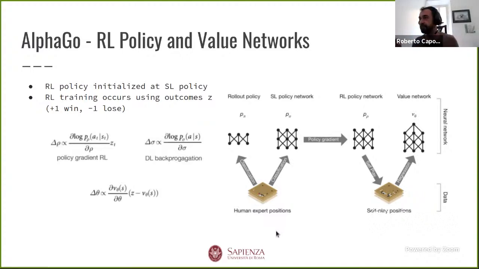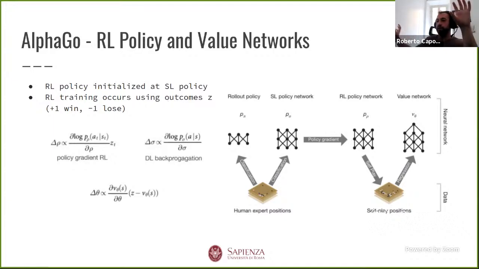And what happens? This policy is simply trained by playing against previous versions of itself. So there is this self-play that was described previously, where once the policy is initialized at the supervised learning policy level, then it starts playing against itself, and then it improves.